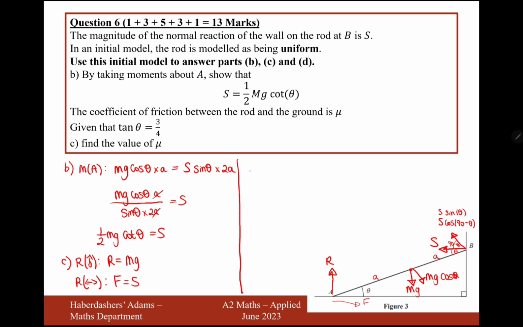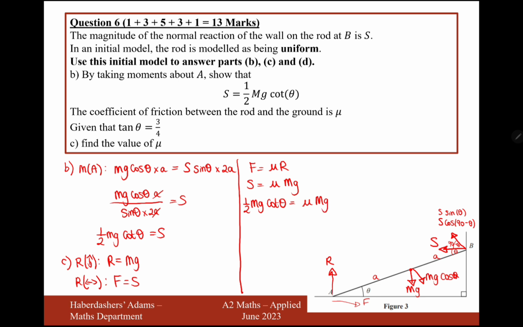Okay, so we're now going to use F equals mu R. So friction was S, and that's equal to mu times mg. Now S was half mg cot theta, equals mu mg.